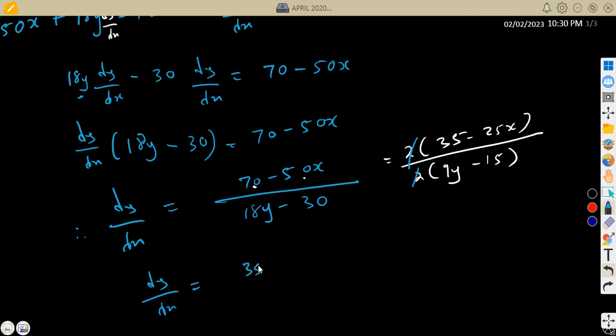So we've got 35 minus 25 of x. Then the 2 and the 2 cancelled, so we are remaining with 9y minus 15, so it's just going to be over 9y minus 15.